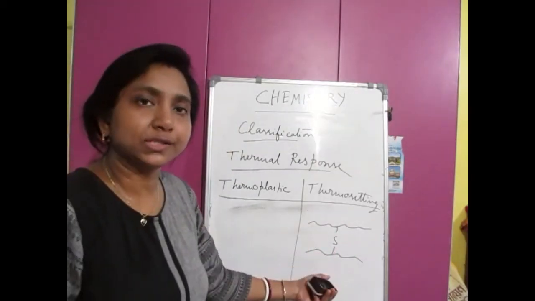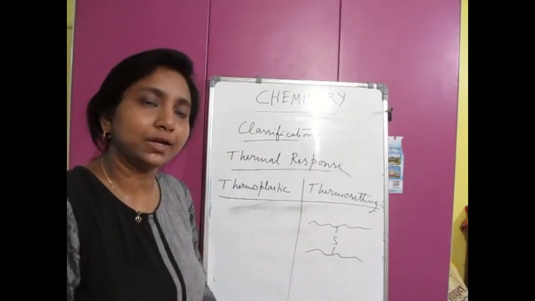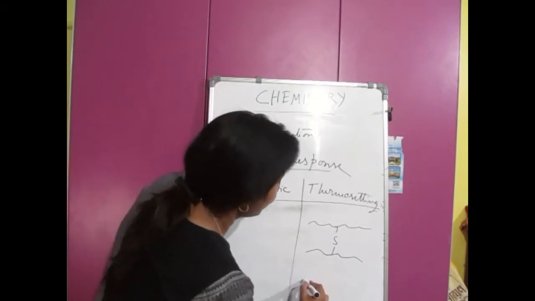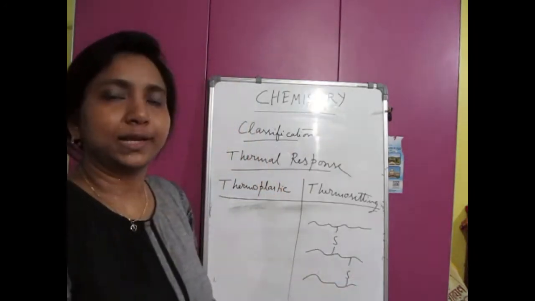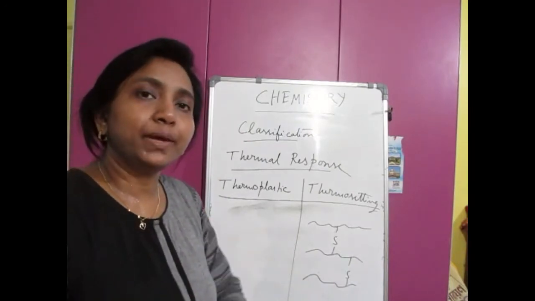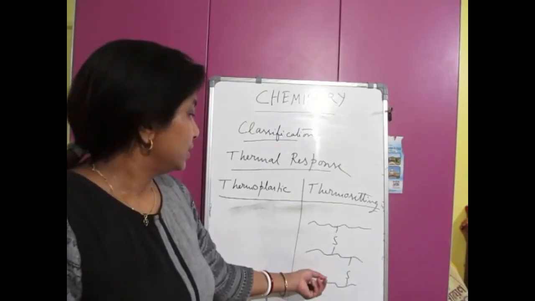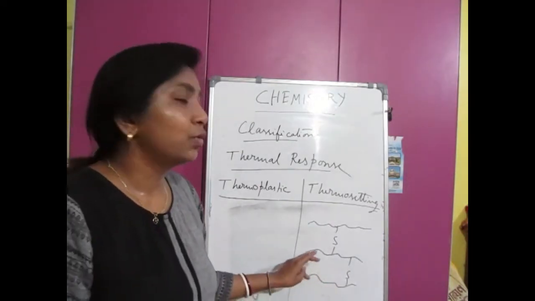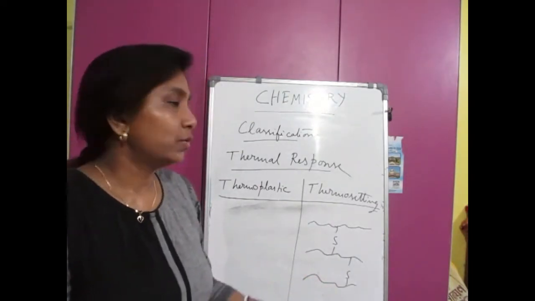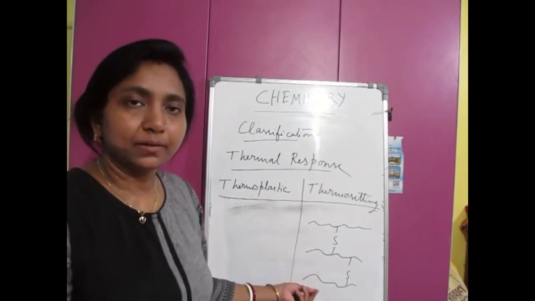That is called cross-linking. You have seen it in bakelite also. So the structure will be more complicated, the molecular weight will be increased, and so it will not melt.